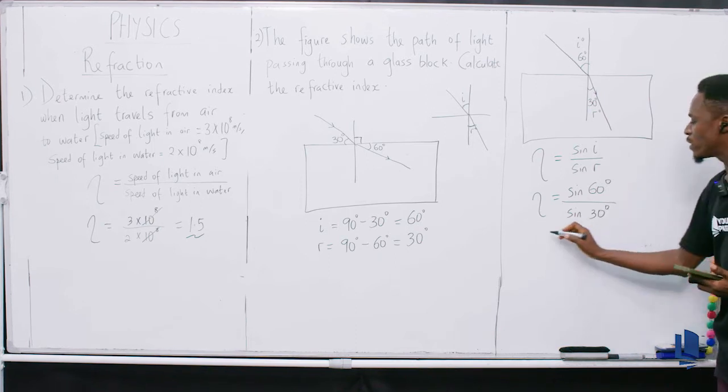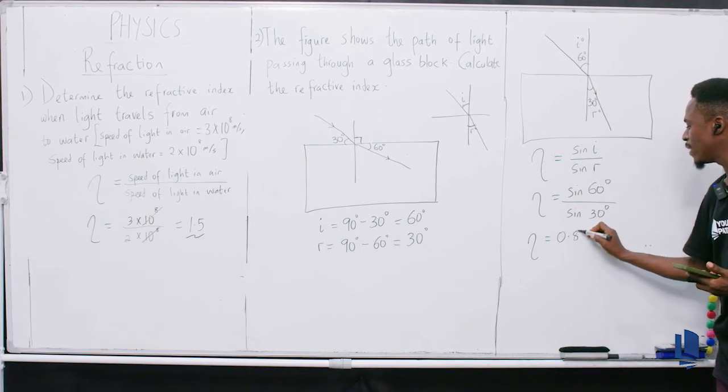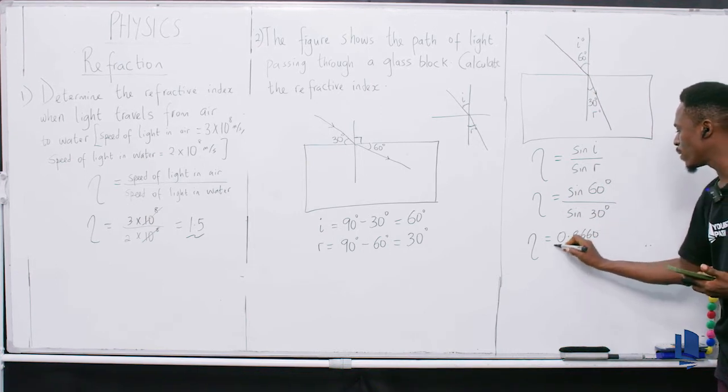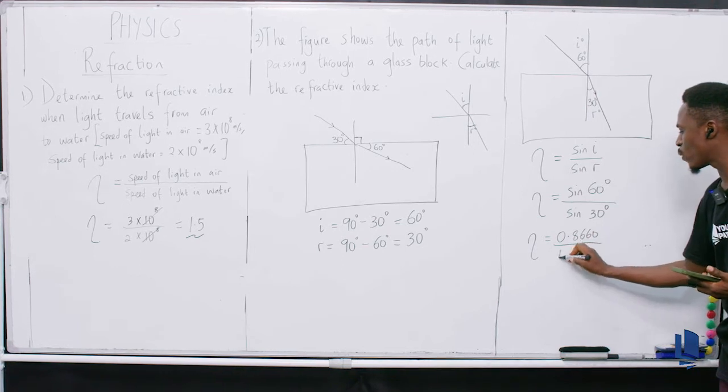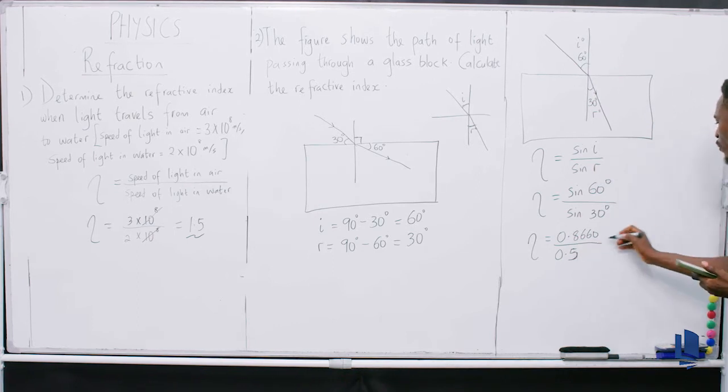So working with this, we already know that sine 60 degree is 0.8660, while sine 30 is 0.5. Pressing your calculator, when we divide, we have the final answer as 1.732.